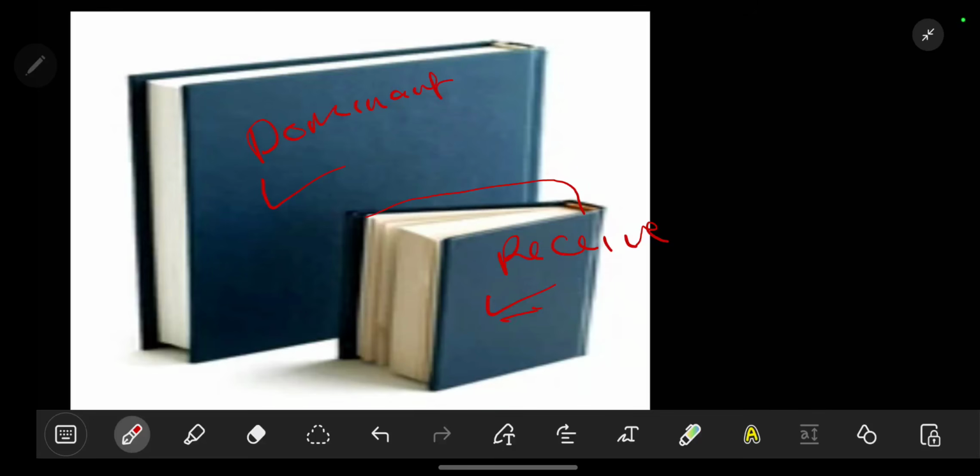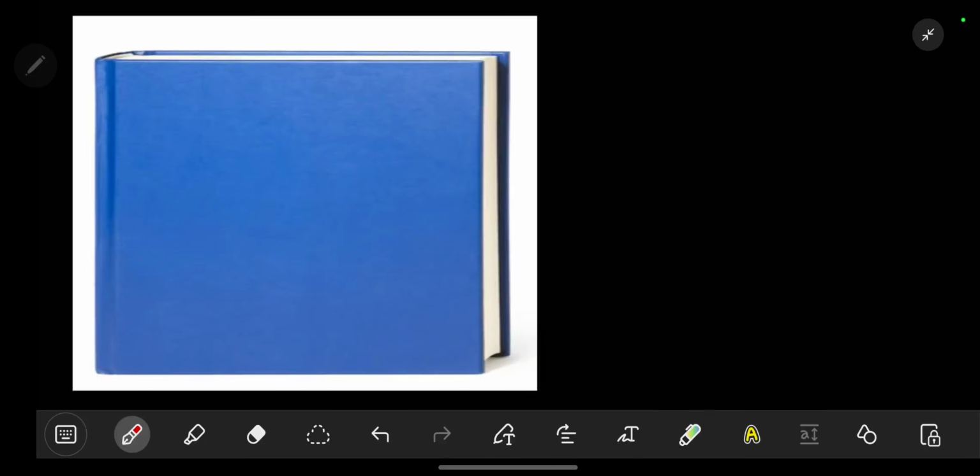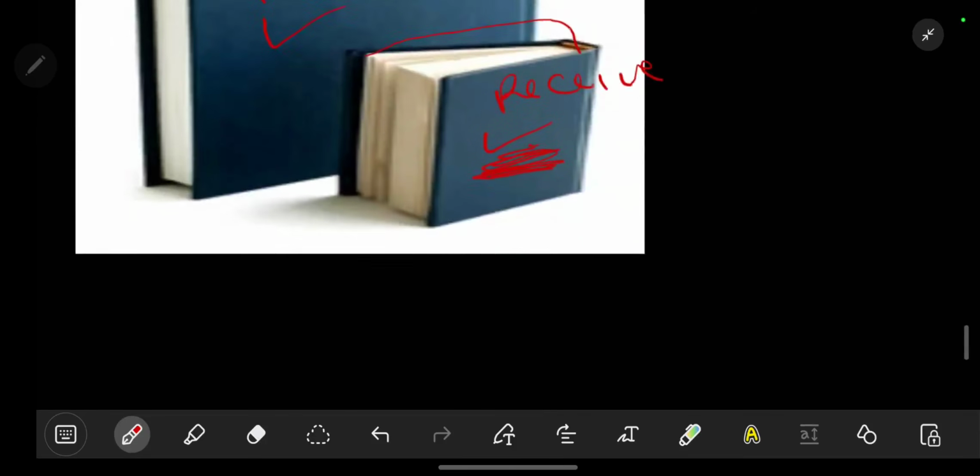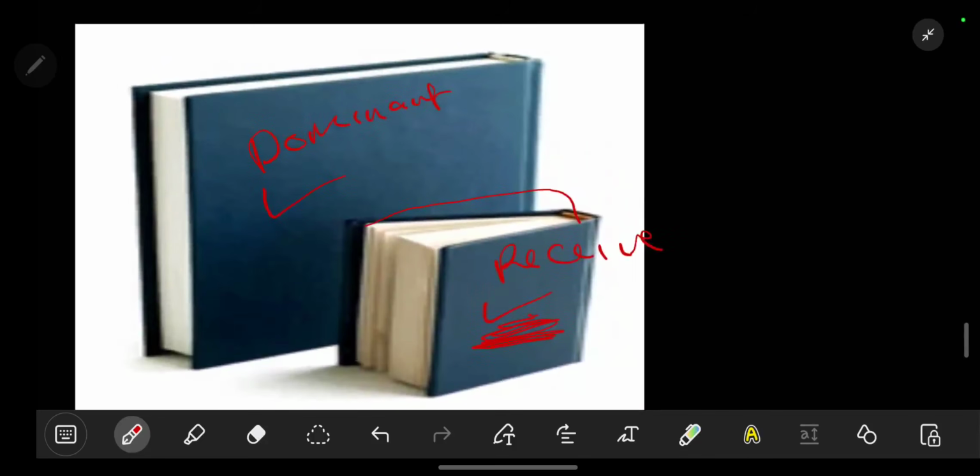If I put this book at the back, if there is a small book at the back there, it won't show. So what you are able to see is what we call the phenotype.